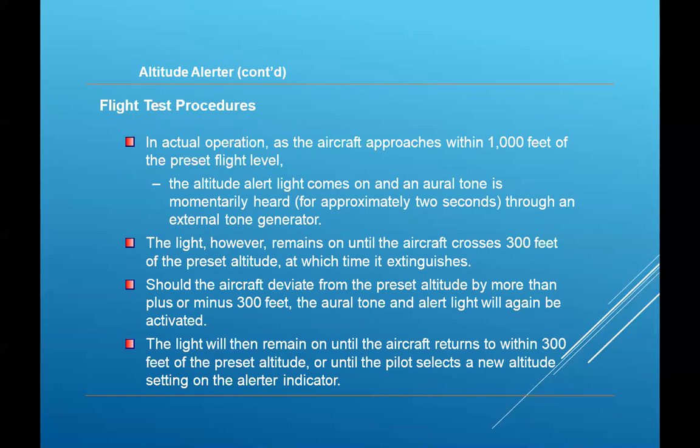If the aircraft deviates from the preset altitude by more than plus or minus 300 feet, the aural tone and alert light will again be activated. The light will then remain on until the aircraft returns to within 300 feet of the preset altitude or until the pilot selects a new altitude setting on the alerter indicator.